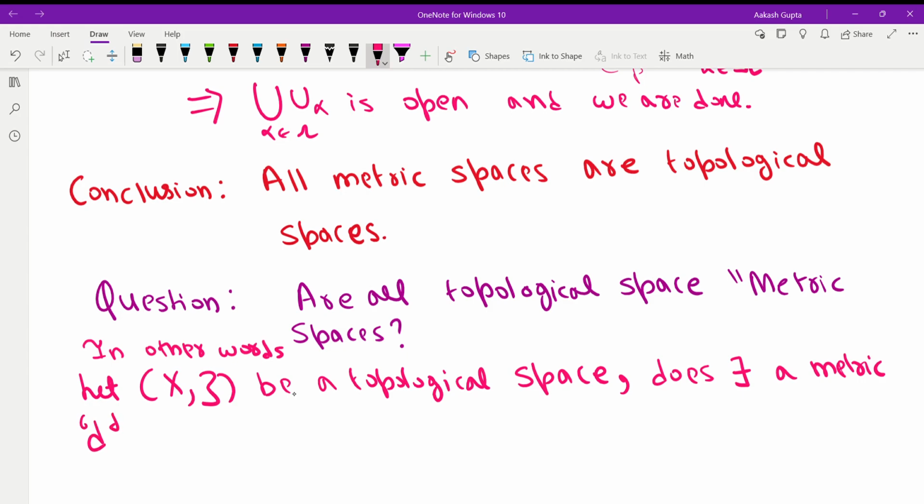Does there exist a metric d on X such that tau d, what was tau d, guys? The collection of all open sets with respect to the metric d.